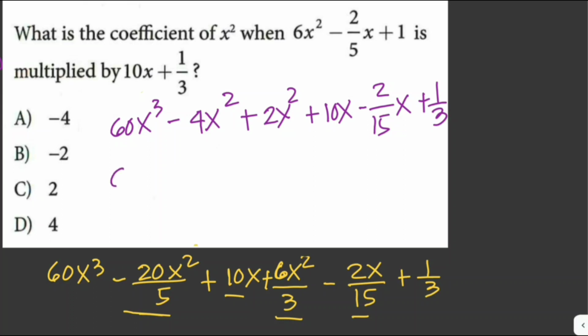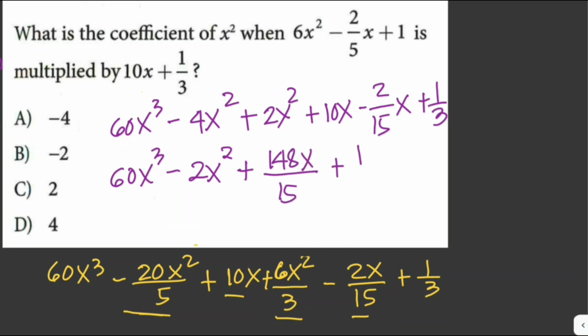Then we have 60x cubed minus 2x squared plus 148x over 15 plus 1/3.